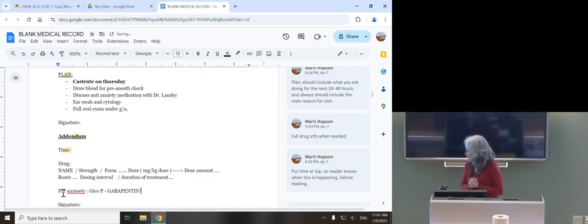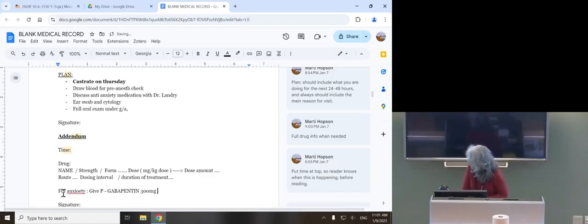Okay, so I don't know how much Blackie weighs, but let's say we're going to give Blackie 300 milligrams of gabapentin, and then you have 600 milligram tablets. So you can go back and correct these. If you don't know, you can just put, we're going to give gabapentin prescription to follow, right? You could do that.